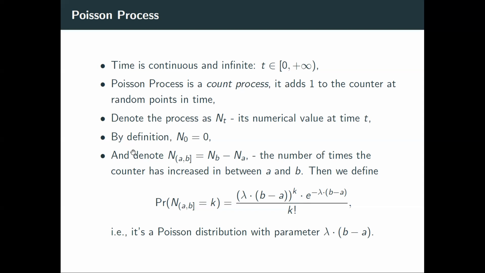And clearly we can define a slightly different object. Because we started at point 0, we can have 2 points in time, B and A. And then we can calculate the number of events from 0 to A and from 0 to B, and this difference will give us the number of events from A to B. Here, I just outlined that at some random times, the counter increases by 1.